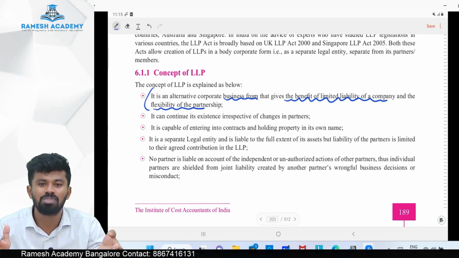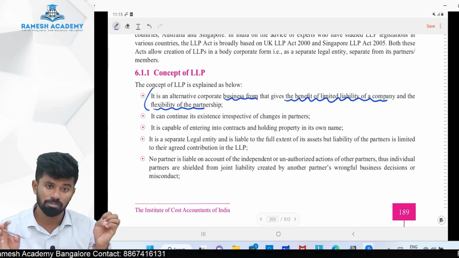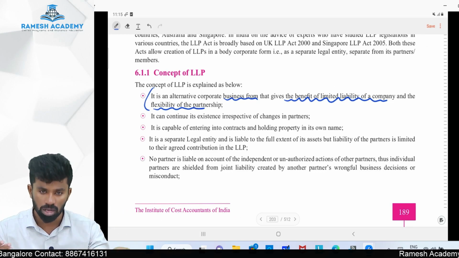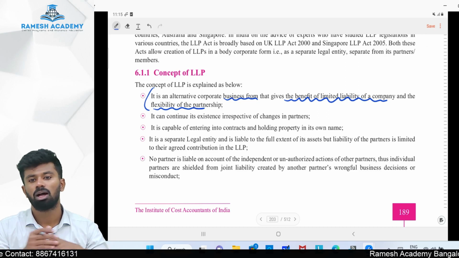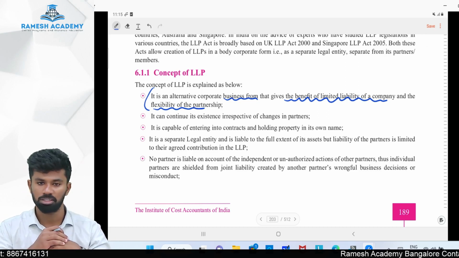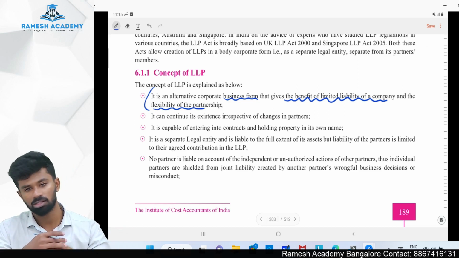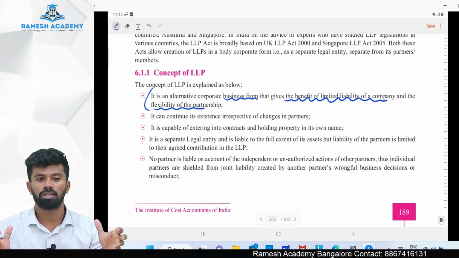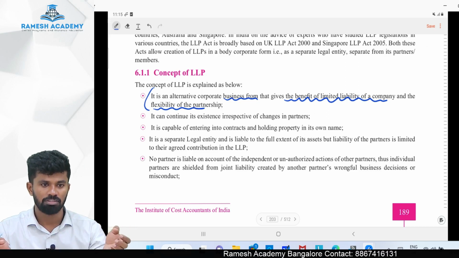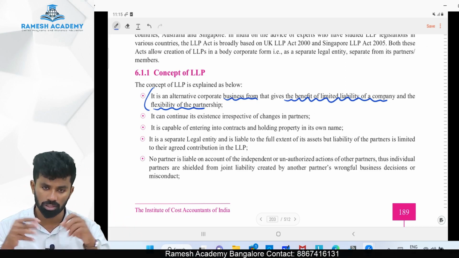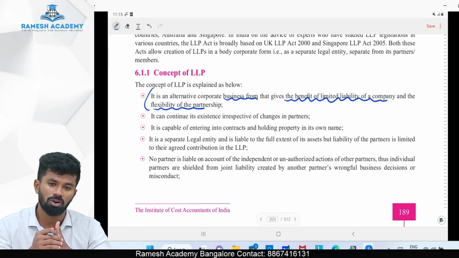The flexibility. In case of partnership firm, there is not much intervention by the law. The partnership firm is managed as per the will and rules of the partnership agreement. But companies are governed by the Companies Act as well as MOA and AOA. So they combined the benefit of partnership firm as well as the company, and they introduced a new type of entity called LLP.